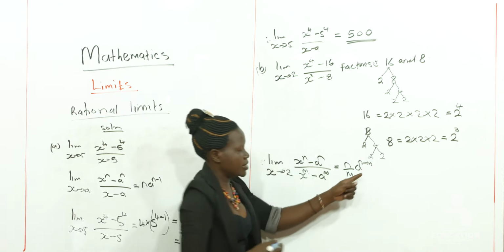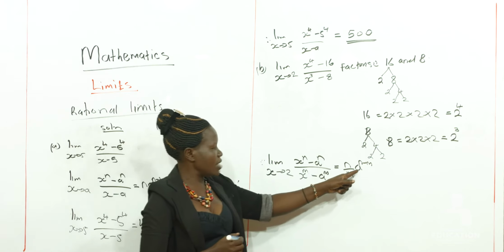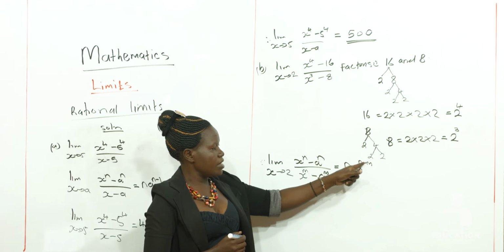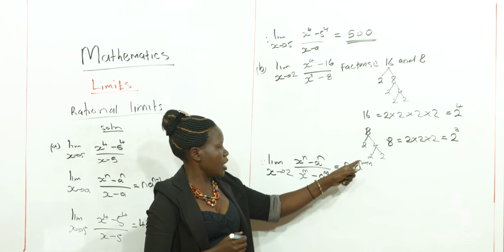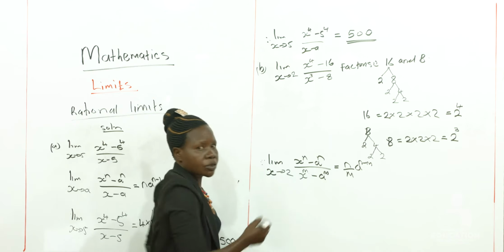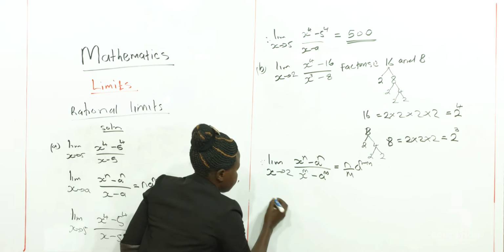Master this part because it sometimes confuses learners. Instead of saying a raised to n minus m, they change it to a raised to m minus n, which is very wrong.